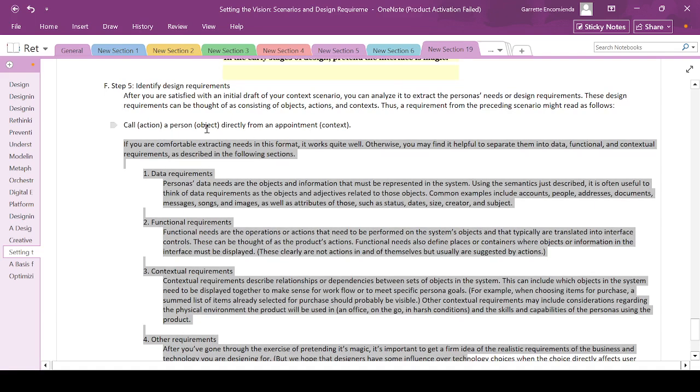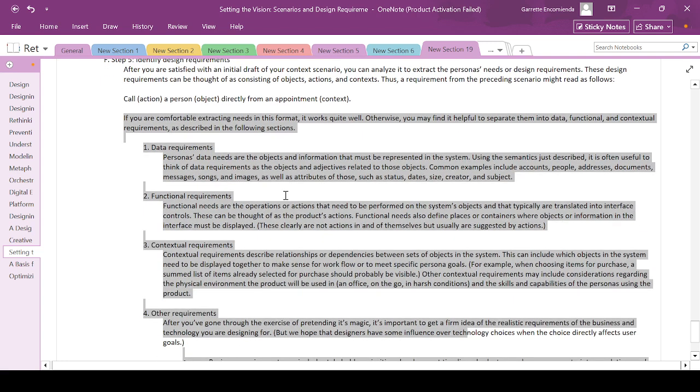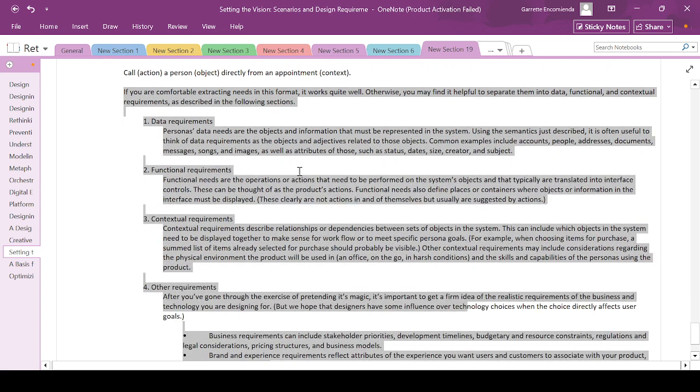So here, the object is person, right? And any adjectives related to that person include accounts, people, addresses, documents, messages, songs, and images, as well as attributes of those such as status, dates, size, creator, and subject.